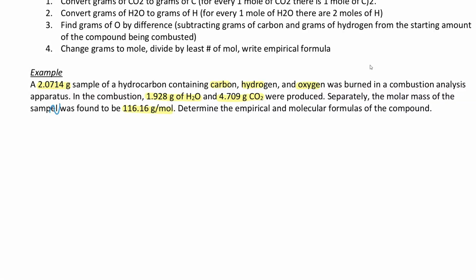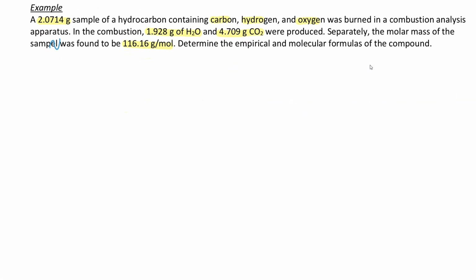It doesn't really matter how you go about solving this problem in terms of how you organize your work, but those steps, grams of CO2 to moles of CO2 to moles of carbon, find your mass, all of these steps need to be shown somewhere in your work. I like to start with CO2 because the carbon is actually going to come first in your formula.